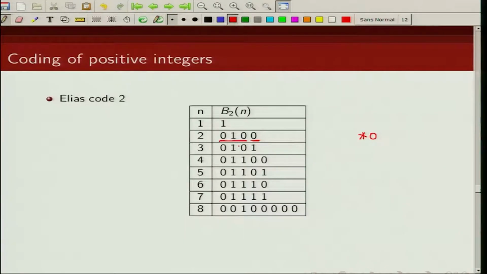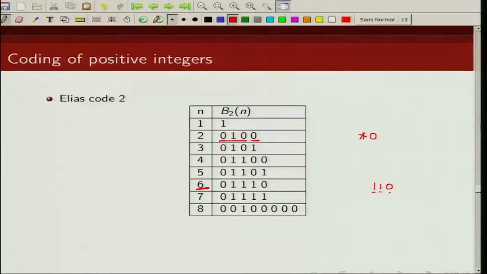Take another example. Let's take 6. Now what is 6? The binary representation of 6 is 1 1 0. So you require 3 bits to denote 6. So in Elias code 2, which we are denoting by B2, B2 of 6, we first need Elias code 1 for 3, because the binary representation of 6 is 110.